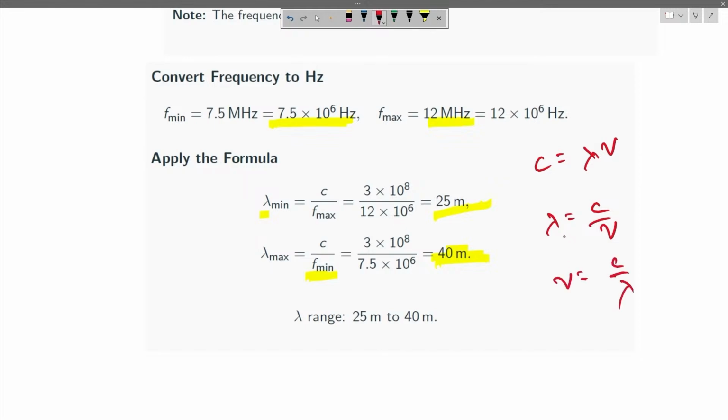So they both are inversely proportional. If frequency is maximum, lambda is going to be minimum, and if frequency is minimum, then lambda is going to be maximum. So we come to the conclusion that the wavelength band is going to be 25 meter to 40 meter.